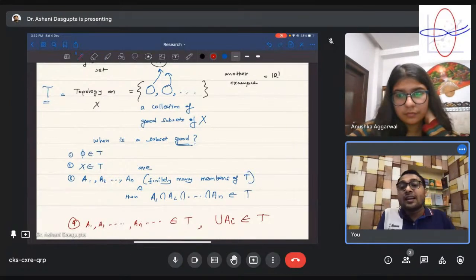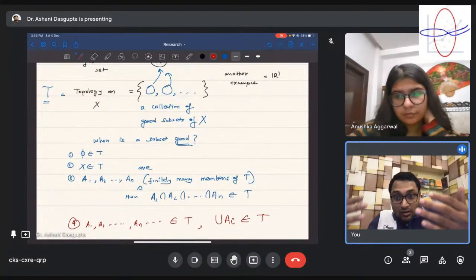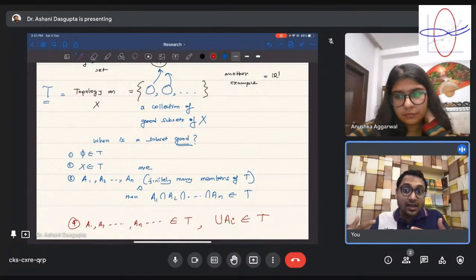And if you take infinitely many members of T, then their union will also be a member of T. So these are the properties that we desire from the collection T. If the collection T has all of these four properties, we call T a topology on X.